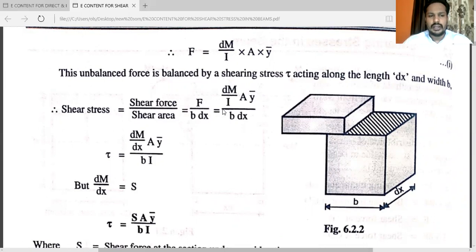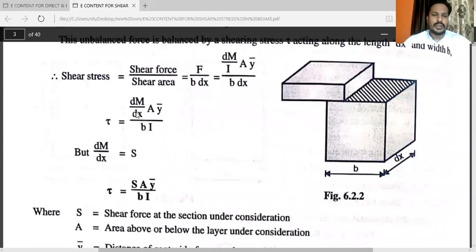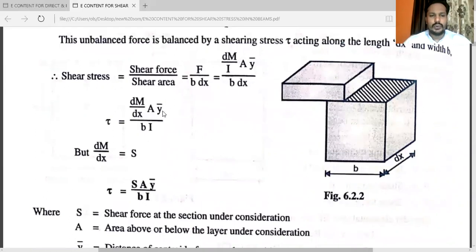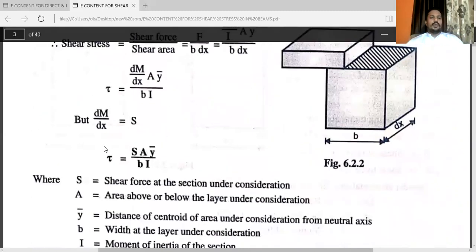So shear stress is equal to dM by I into A into y bar upon b into dx. So shear stress tau is equal to dM by dx into A into y bar upon b into I, but dM by dx is nothing but S, the shear force. So tau is equal to the shear force at the section under consideration, S, into A into y bar upon b I.